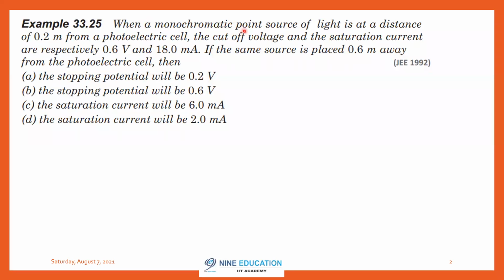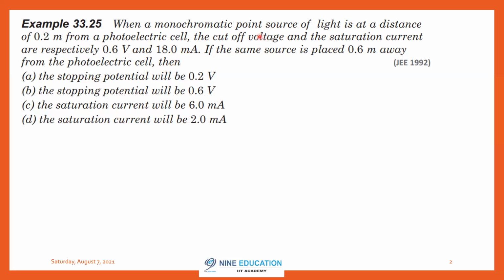When a monochromatic point source of light is considered, what do you mean by monochromatic? Single wavelength or single frequency. A point source of light is at a distance of 0.2 meter from the photoelectric cell. The cutoff voltage and the saturation current are respectively 0.6 volts and 18 milliamperes.